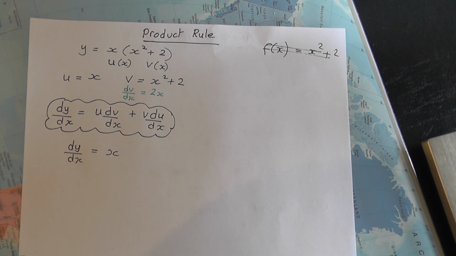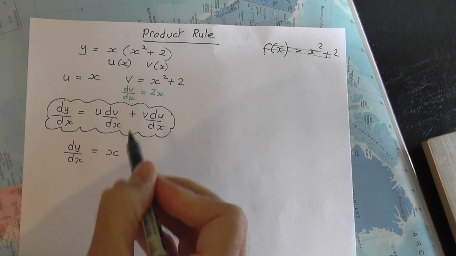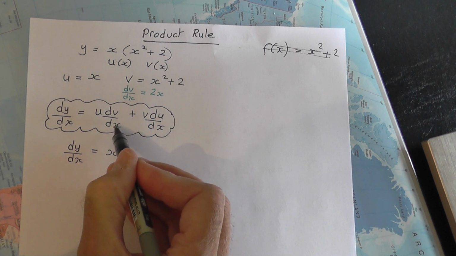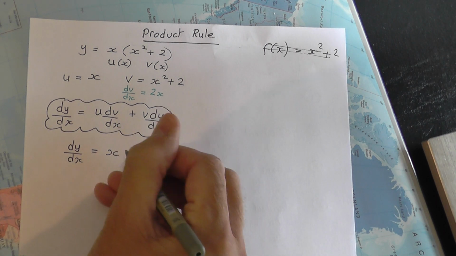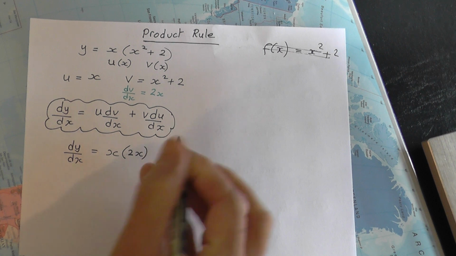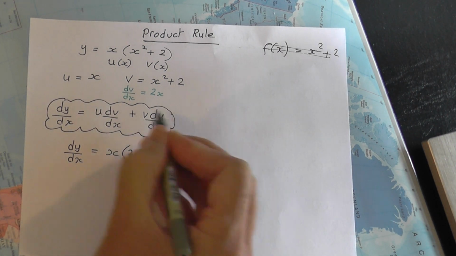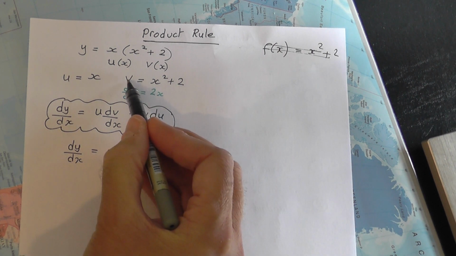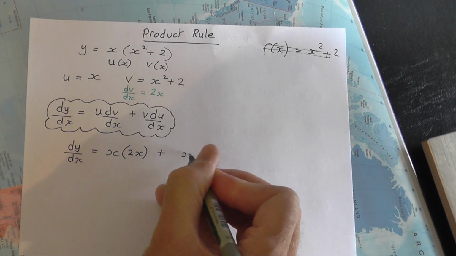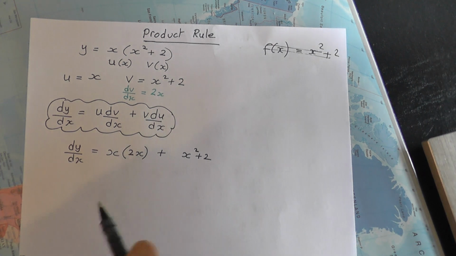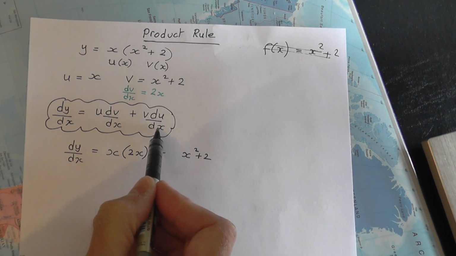If I now go back down to here, we had u, that was x, and it gets multiplied by dv by dx, which is 2x. So I'll put that in a bracket. So it's u dv by dx, x times 2x, plus v. Well, we know what v is: it's x squared plus 2. And that gets multiplied by du by dx.